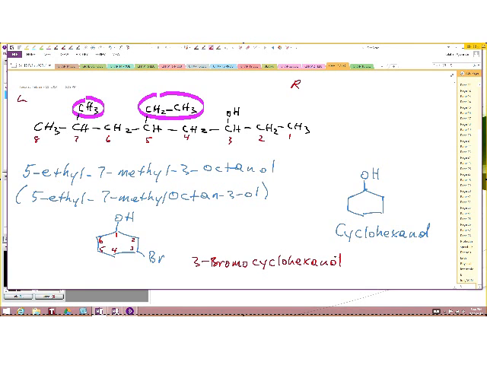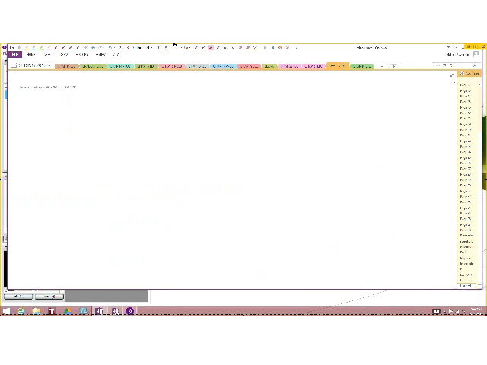Notice you do not have to indicate the position of the hydroxy group if you only have one hydroxy group in that molecule. Now supposing you have more than one hydroxy group. Supposing I have this.